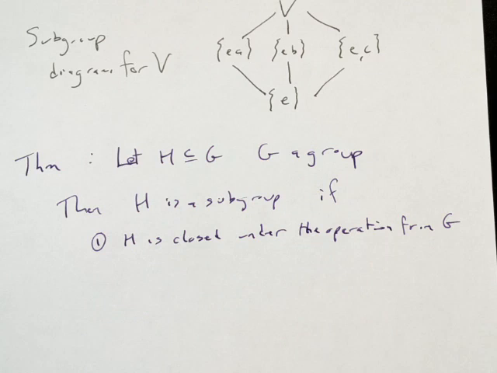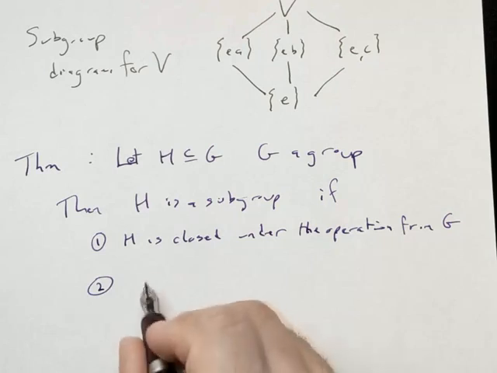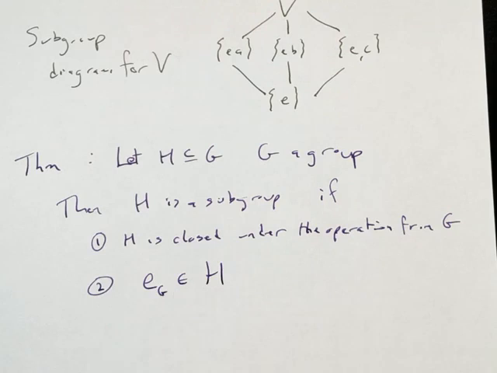We're using the same operation. H has to have the same identity as the whole group. Because if H has a different identity, then you have 2 identities in it. There's only 1. And it has to contain inverses.